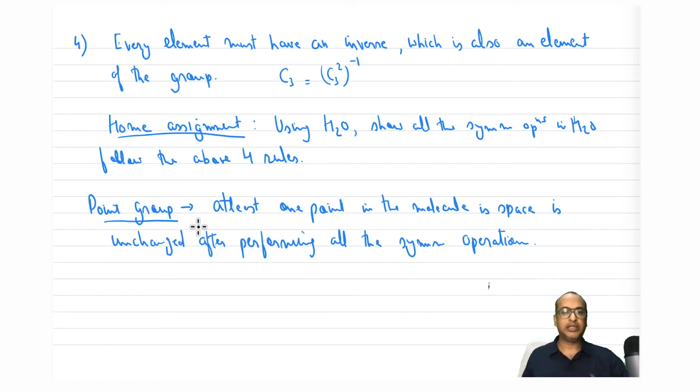So we'll not be discussing space groups in this course. We'll be only restricting ourselves to point groups, but there is more to symmetry basically, which goes to explain the crystallographic space groups.